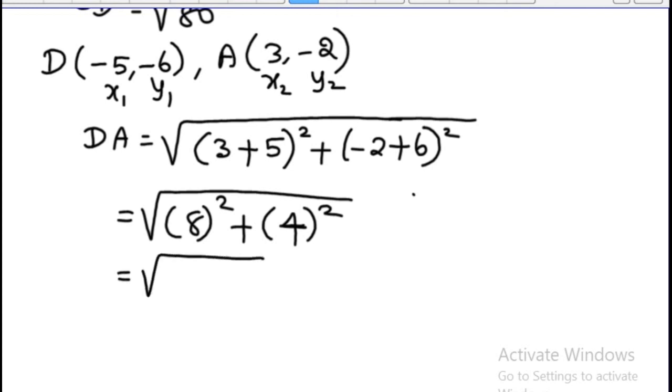Therefore root of 64 plus 16, it becomes root 80. So all the sides are root 80.